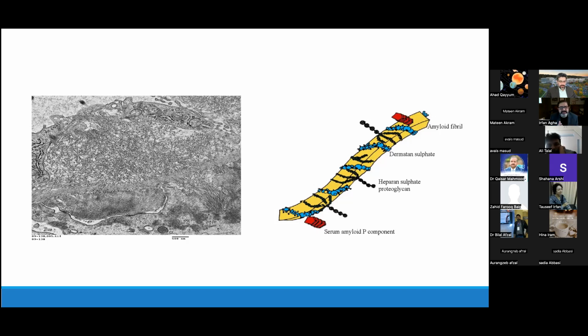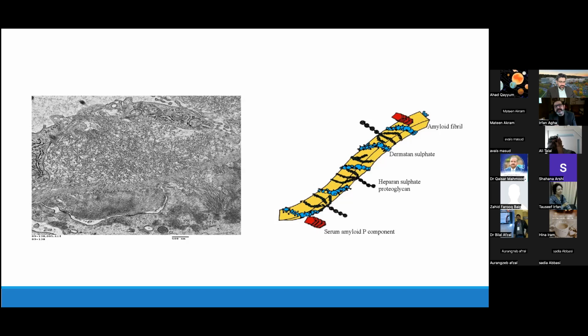These fibrils are 7 to 10 nanometers in diameter. They don't have any specific pattern, and they all are the anatomic endpoint of various different pathogenetic pathways.